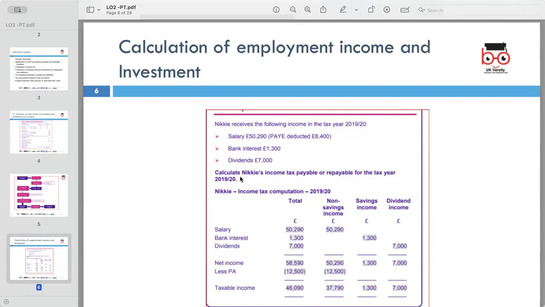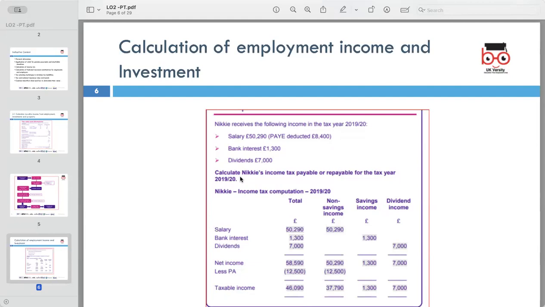So tax rates are applicable to each type of income. For non-savings income, she pays tax at the basic rate and higher rates, while for savings income and dividends, different tax rates apply depending on the amount.